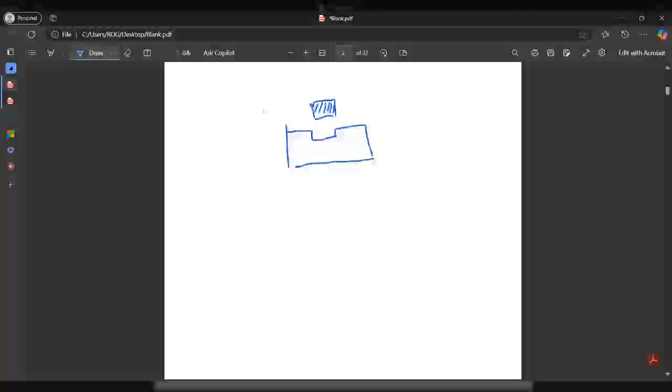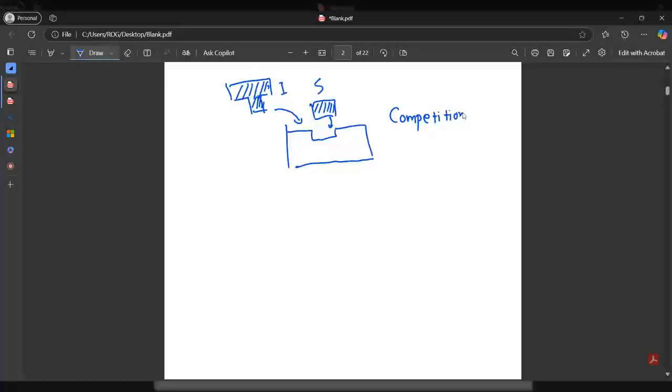But if I have an inhibitor with a similar shape to the substrate, it can also enter this particular active site. Now the inhibitor molecule and the substrate molecule will have a competition, because both are able to enter this active site.